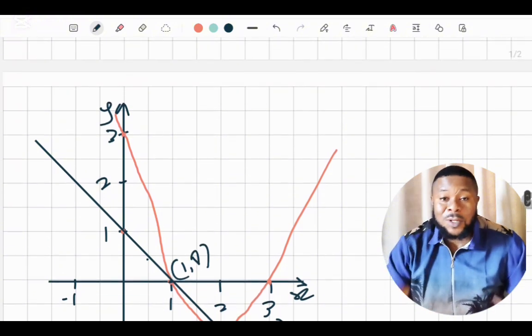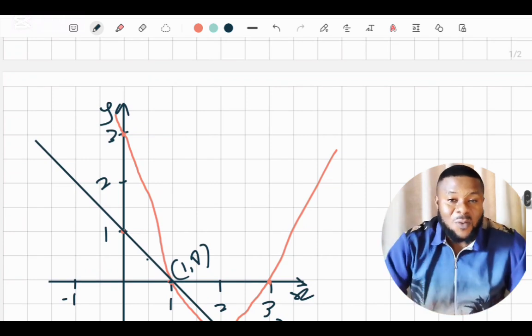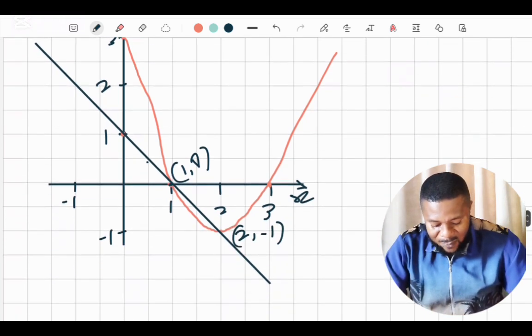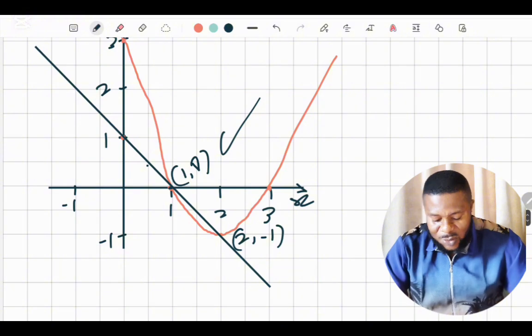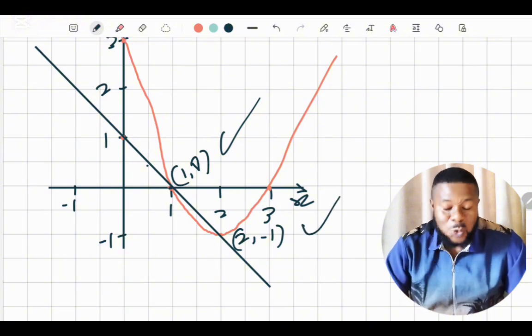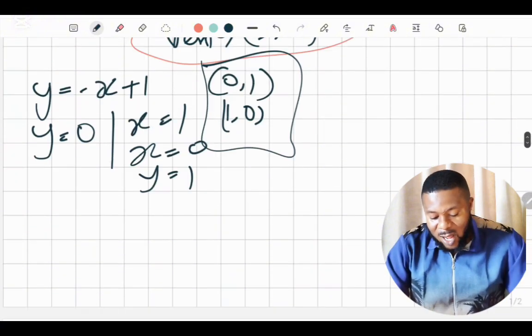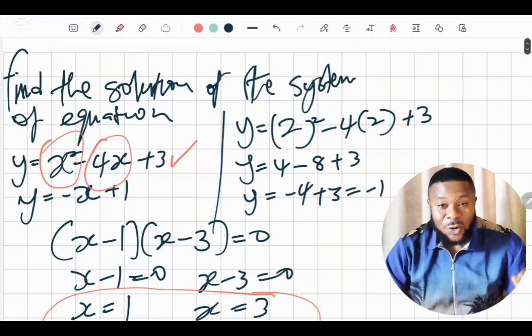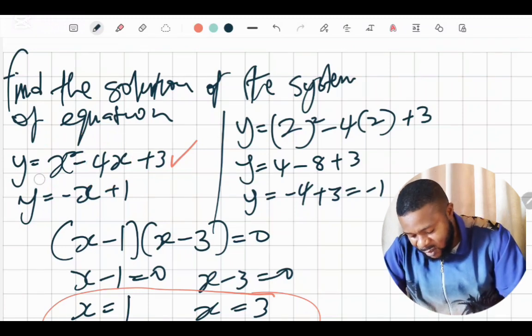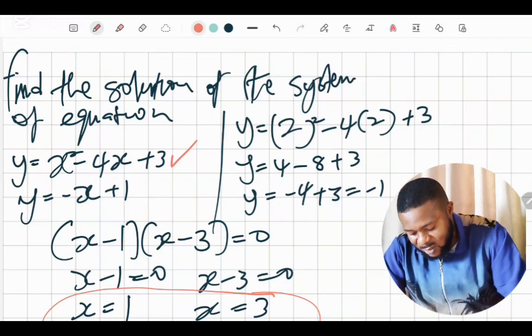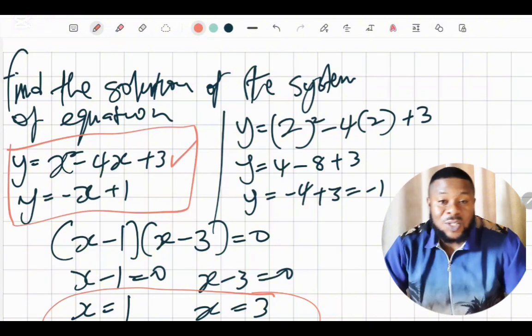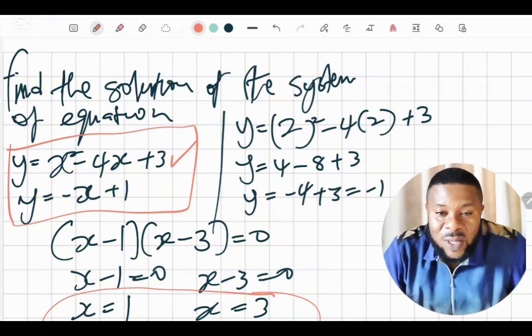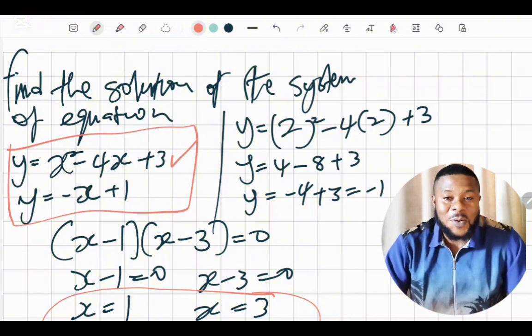So the solution to this system of equations, solving with a graph, is at the intersection points, which are (1, 0) and (2, minus 1). I want you to use the algebraic method and solve this system of equations and check if you will get the same answer as mine. Thank you and bye.